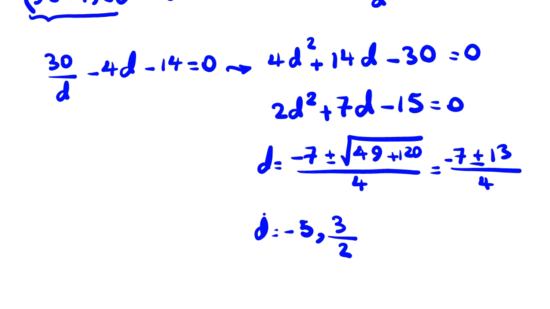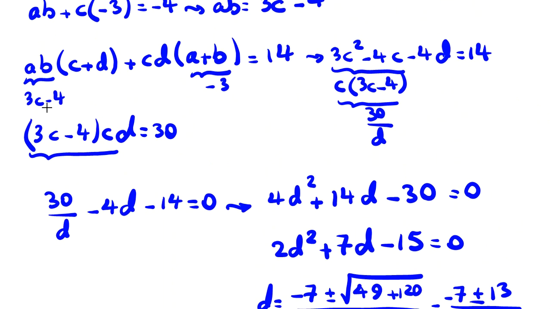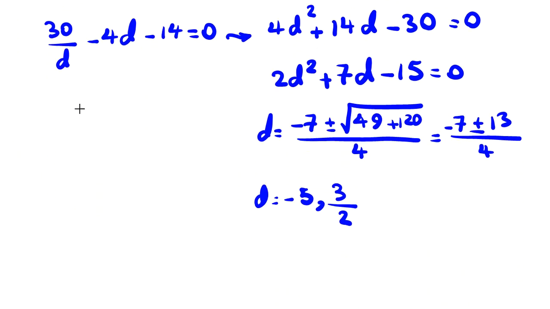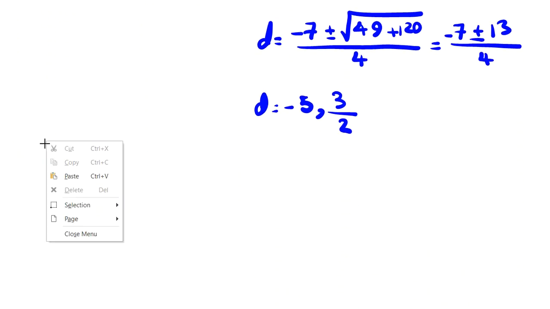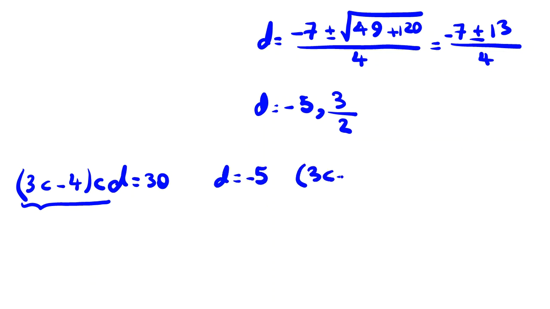Now that we found d, let's calculate c. We can use this formula to find c. Let's consider the first case, d equals negative 5. Then we have 3c minus 4 times c equals 30 over negative 5, which is negative 6.